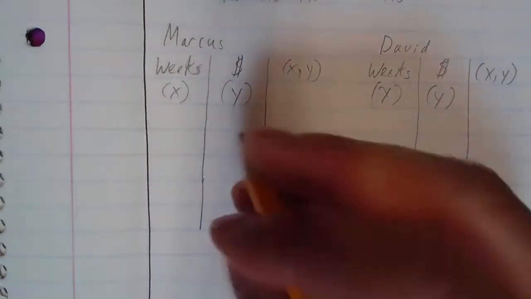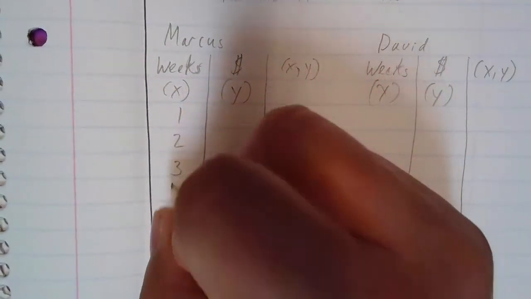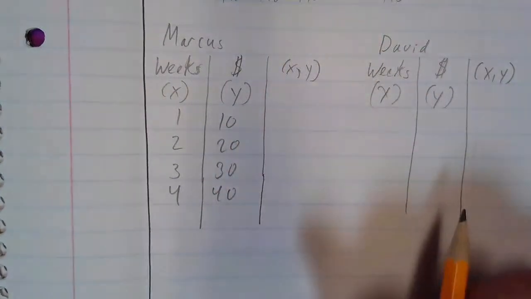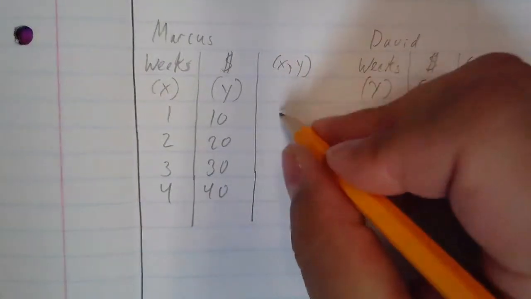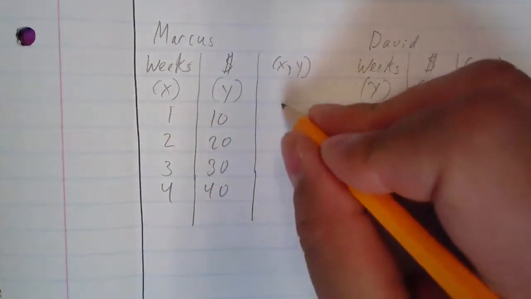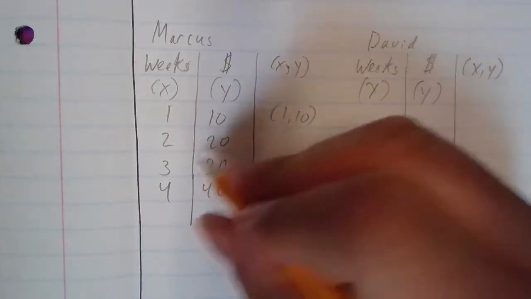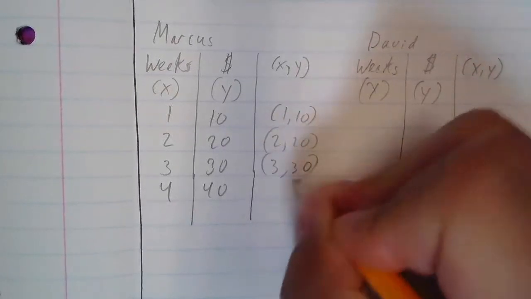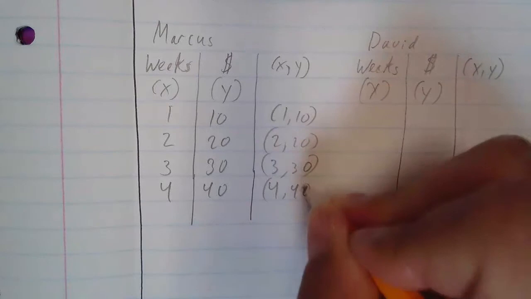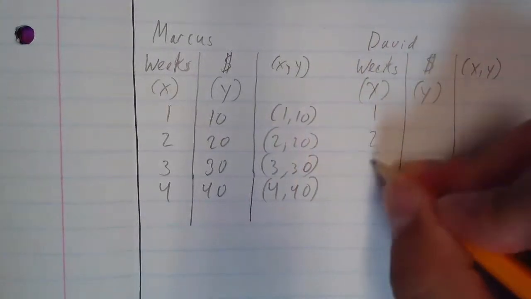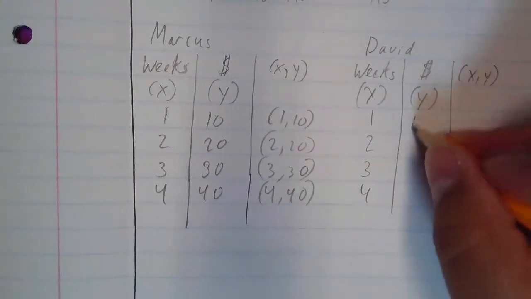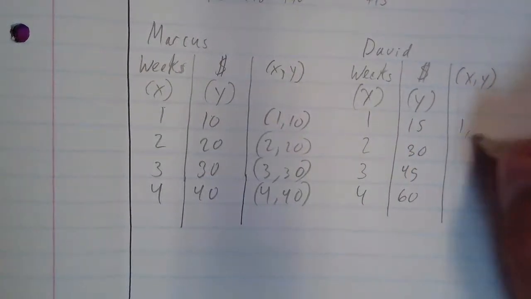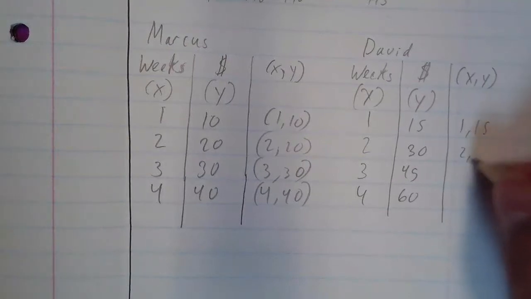So, 1, 2, 3, 4, and then 10, 20, 30, 40. Okay, and then same thing here. Oh, wait, forgot to put it together. So, x y: (1, 10), (2, 20), (3, 30), (4, 40). And same thing here. 1, 2, 3, 4. 15, 30, 45, and 60. (1, 15). It's the same thing, same process all over again.